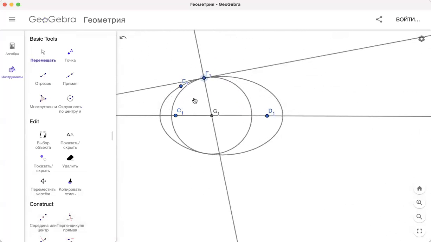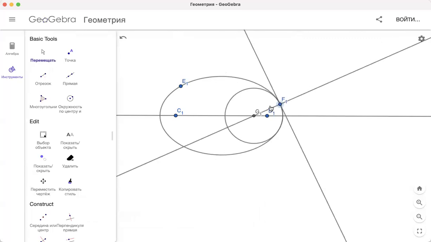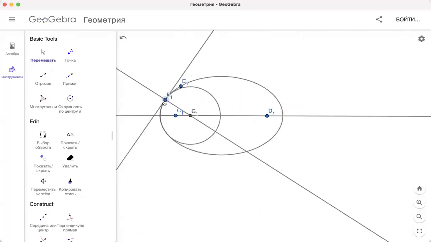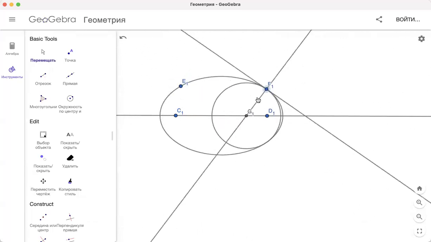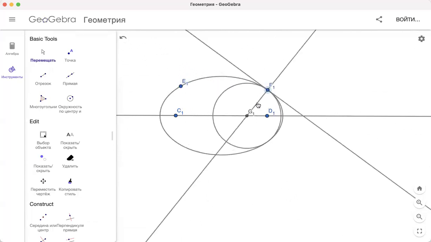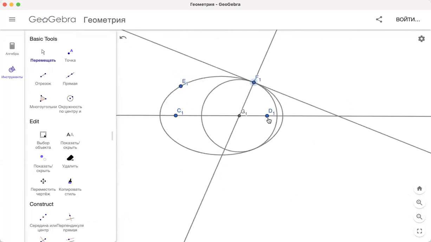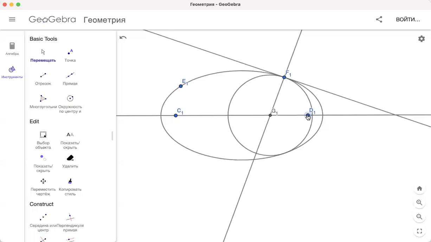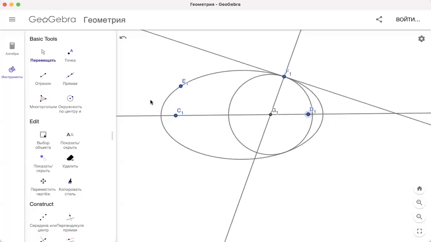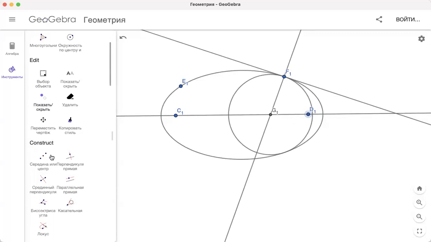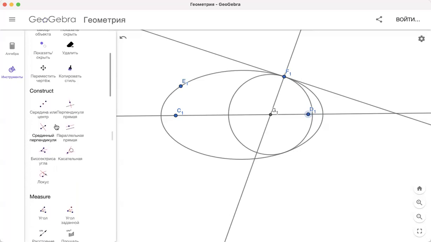So for the first family, the centers of the circles lie on the major axis of symmetry of this ellipse. But also there is another family of such circles, doubly tangent.